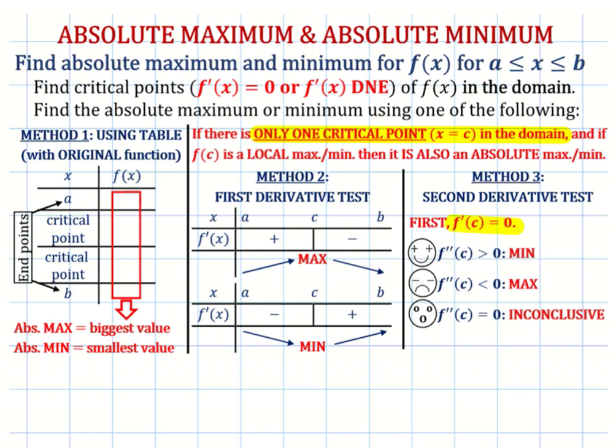Now, if the second derivative is positive, the function is concave up, and that point will be the minimum. If the second derivative is negative, the function is concave down, and that point is the maximum. And if it is equal to 0, it is inconclusive.